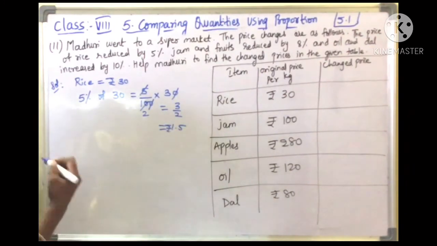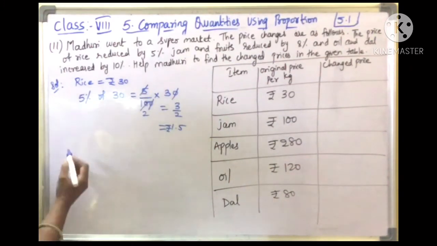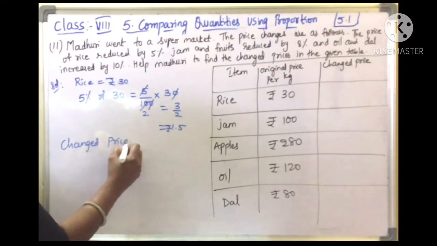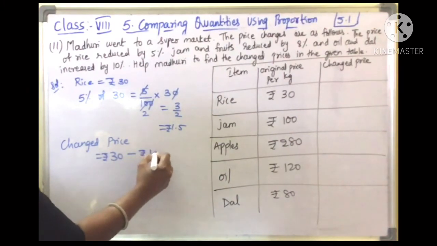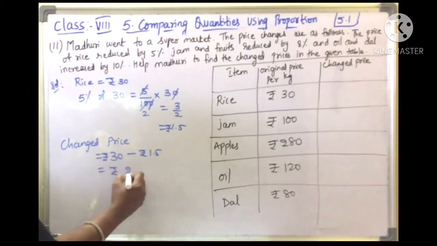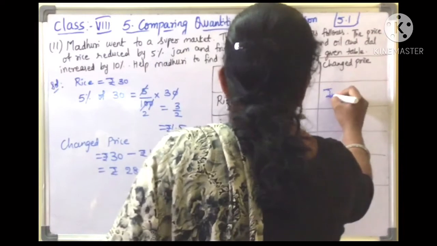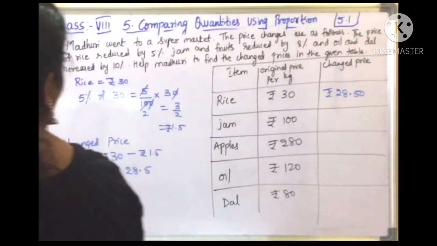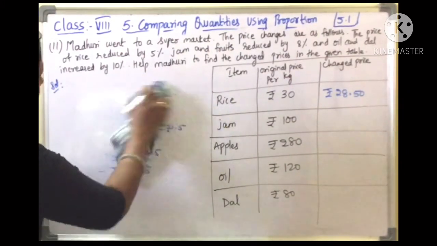Means 1 rupee 50 paise is reduced in the cost of rice. So what is the changed price now? Changed price is nothing but rupees 30 minus rupees 1.5. That gives you rupees 28.5, that is 28 rupees 50 paise. Now the changed price of rice is rupees 28 and 50 paise.